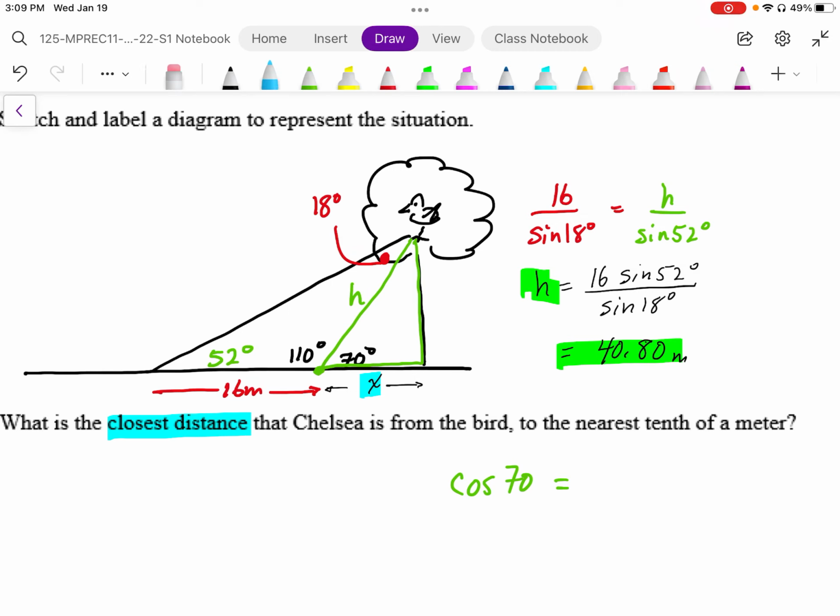So x over the hypotenuse, or in this case, h, which is 40.80. So solving for x, I just cross multiply: 40.80 times cosine of 70 degrees. And that's going to give me my length of x.